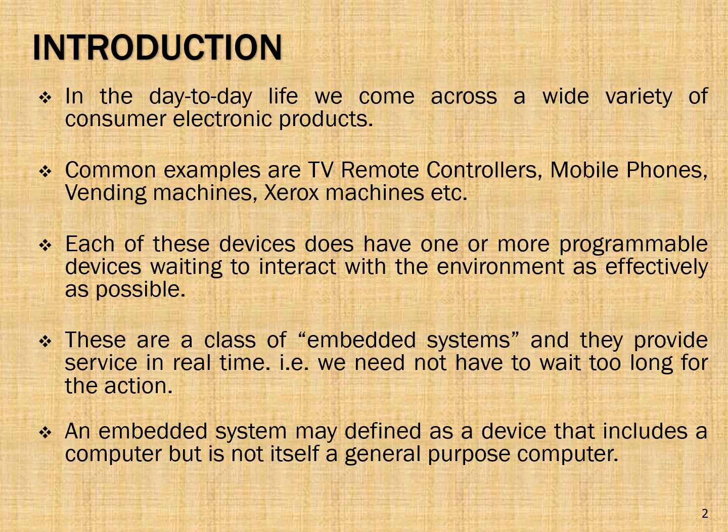An embedded system may be defined as a device that includes a computer, but it is not itself a general purpose computer. So an embedded system is basically a computer, we can say, but its look will vary from application to application.